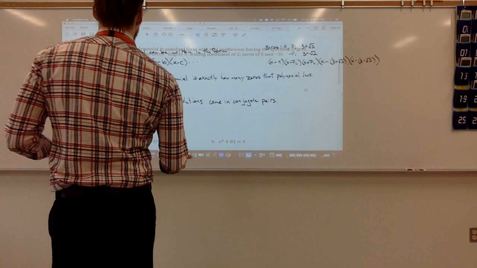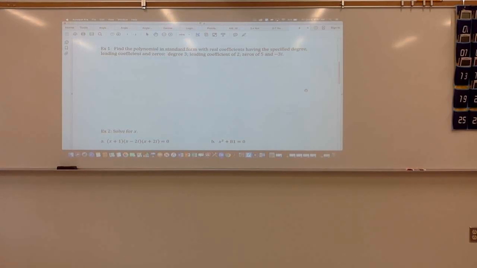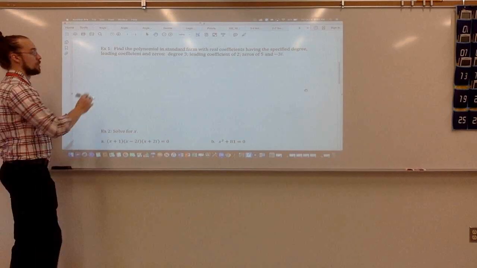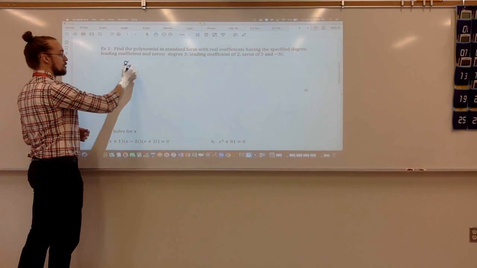So how would I start this problem? Write this polynomial. I'm given 2 zeros, but it tells me I have a degree of 3 and a leading coefficient of 2. So how am I going to start this?